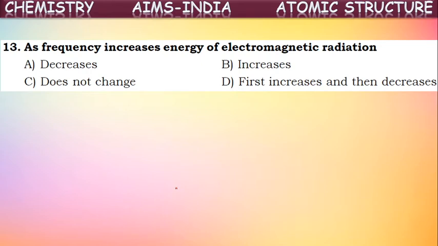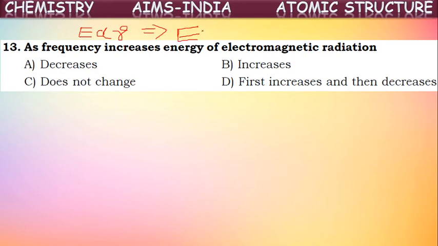Next. As frequency increases, energy of the electromagnetic radiation. So what is the relation between these two again? Frequency and energy. We have an equation according to quantum theory of radiation: energy is directly proportional to frequency, or E is equal to h nu.